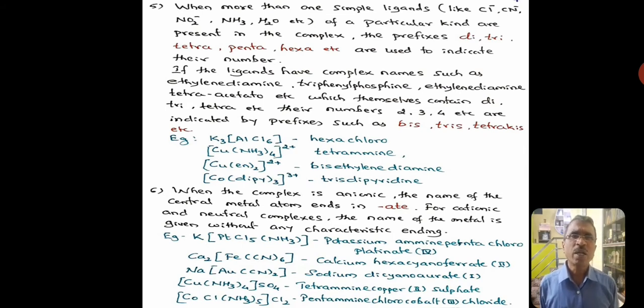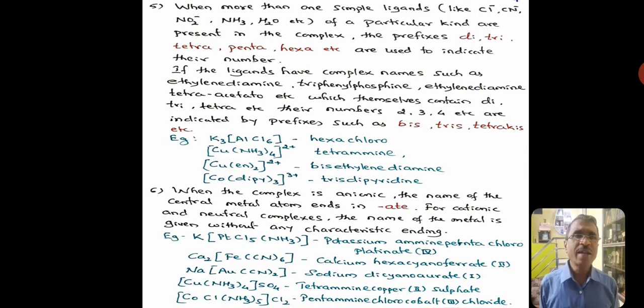The copper is linked to ethylenediamine. Ethylenediamine itself has the word di, hence since two ethylenediamines are attached to copper, it is called bis-ethylenediamine. In case of dipyridine, it is called tris-dipyridine.